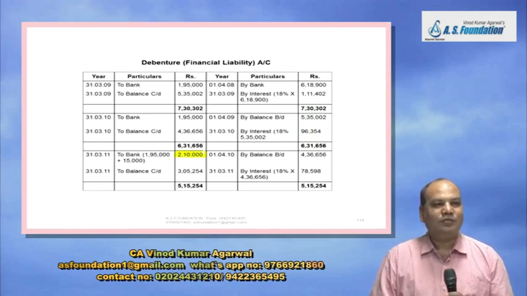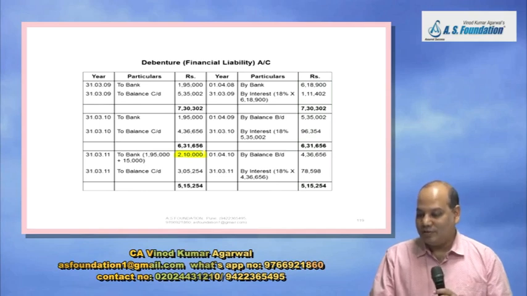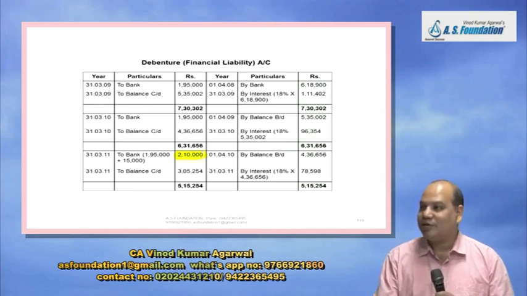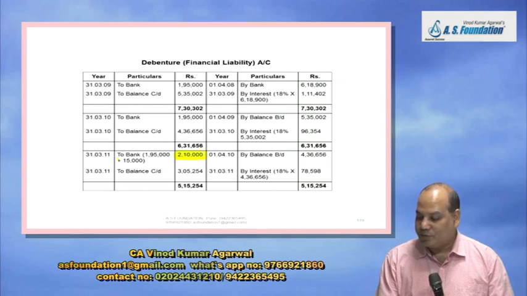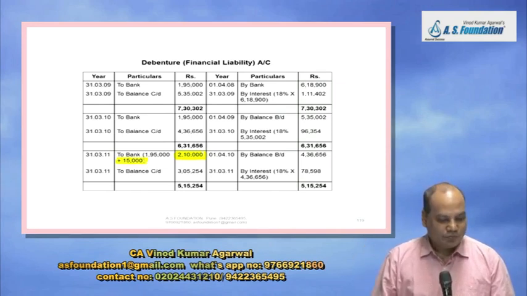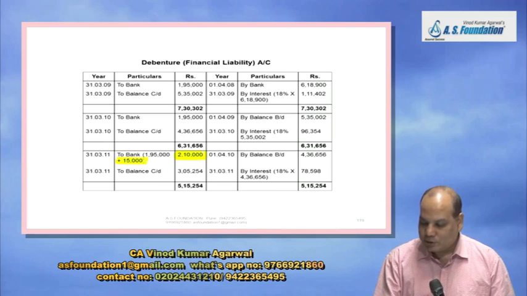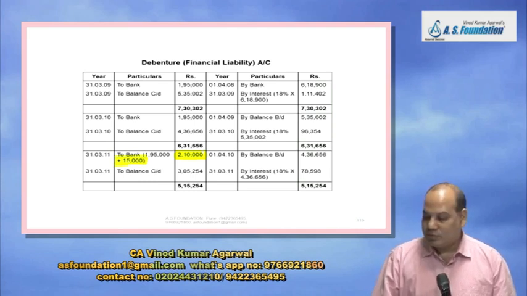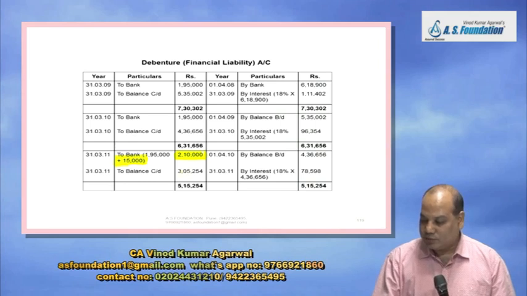Who has written? At least one. It is 2,10,000 because 15,000 extra cash has also been paid. So when you do your homework question number 28, there also we have a problem of cash bonus. So you'll add there and to balance carried down.